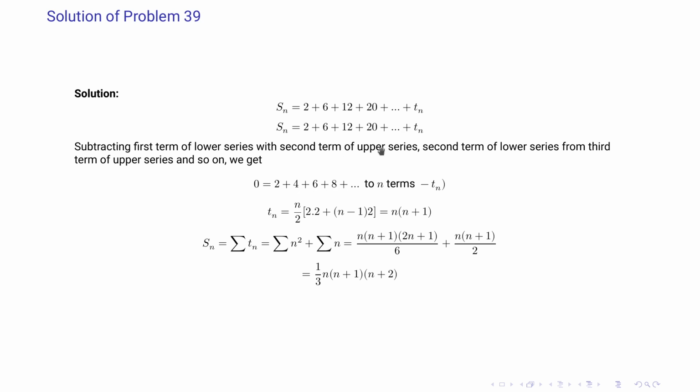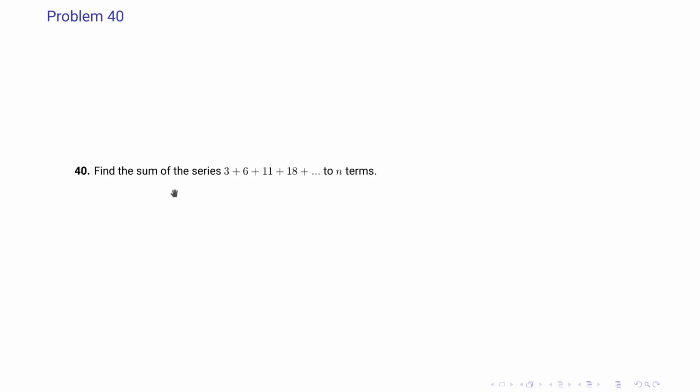So our result would be 0 is equal to 2 plus 4 plus 6 plus 8 up to n terms minus Tn. So we take Tn this side and we get the sum of these terms as n into (n plus 1). Now for finding the sum, we apply the formula, and this formula is applied over n square and n, and we have the final result as 1 by 3 into n into (n plus 1) into (n plus 2).